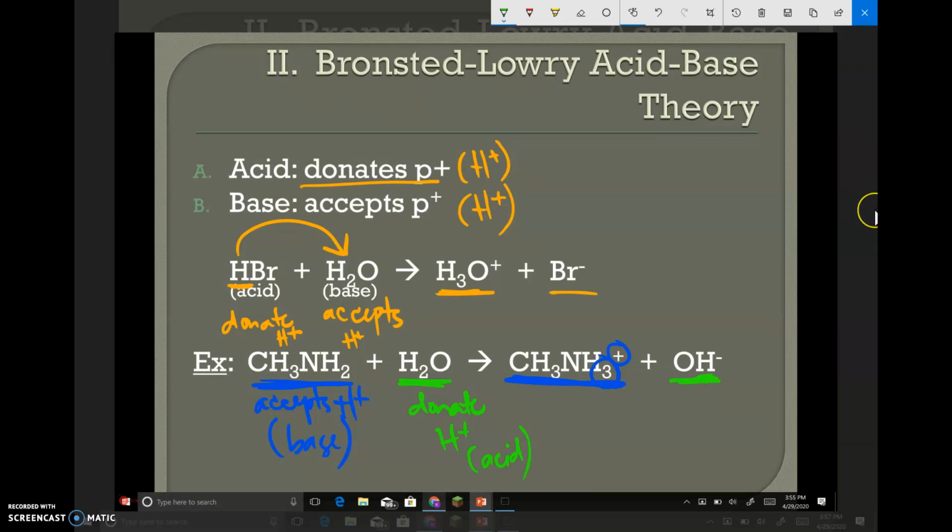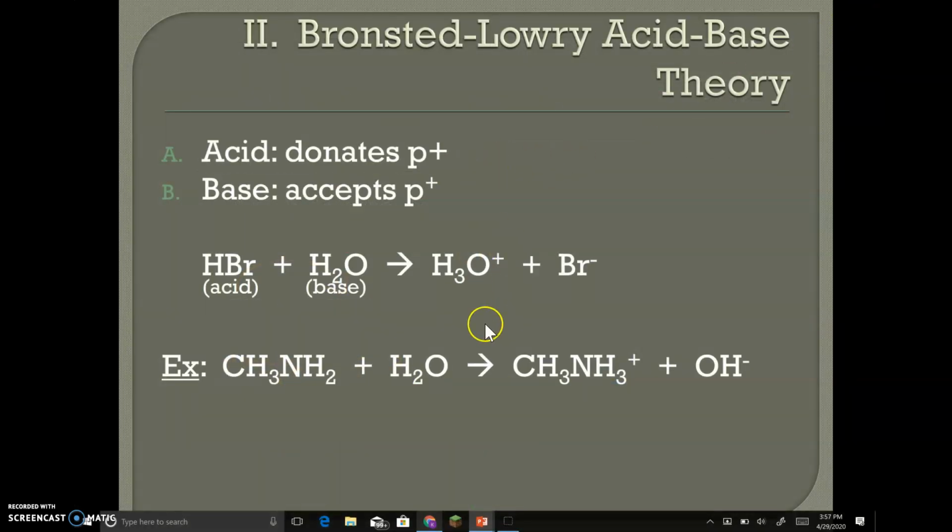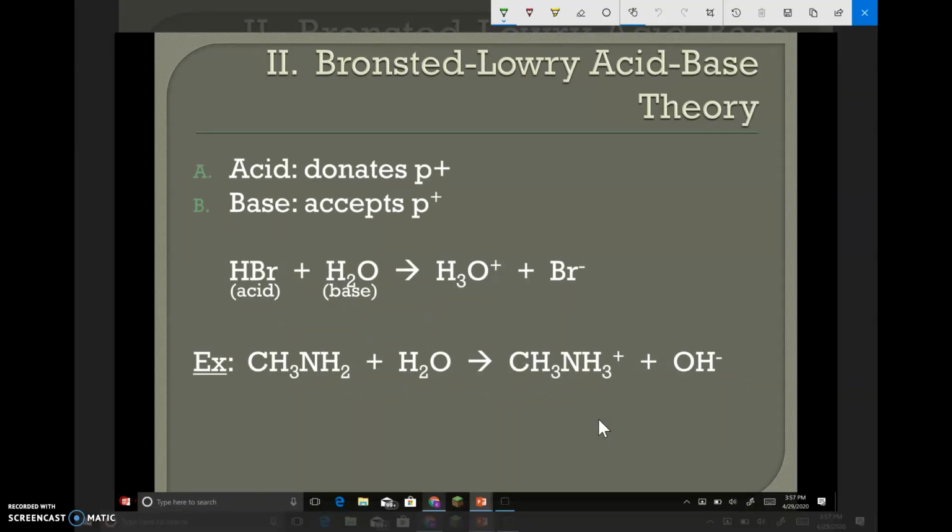Okay, let's look at another example. Okay, let's say that we have C6H5OH plus NH2 with a negative charge, and that produces C6H5O with a negative 1 charge plus NH3.